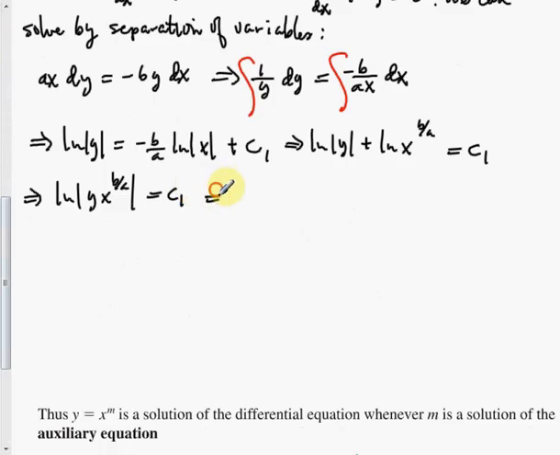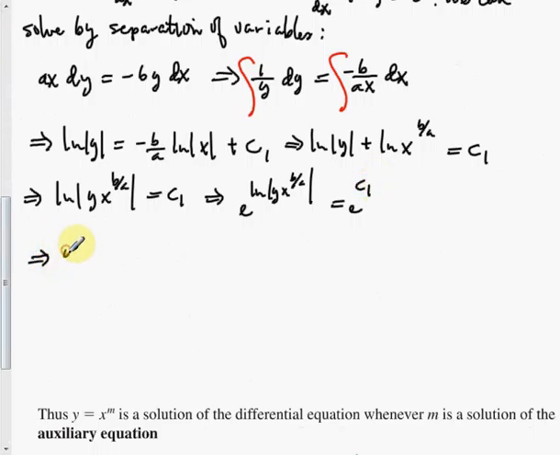Exponentiate both sides, and so we get e to the natural log of y times x raised to the b over a is equal to e to the c sub 1.